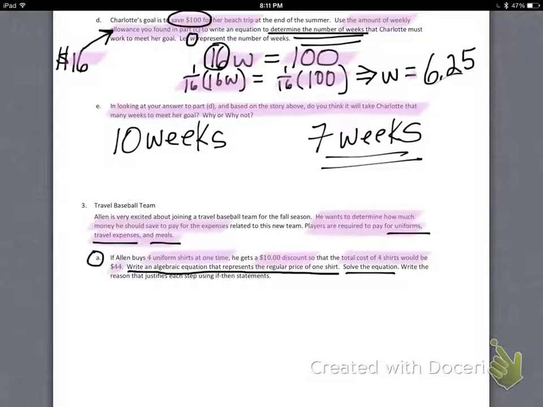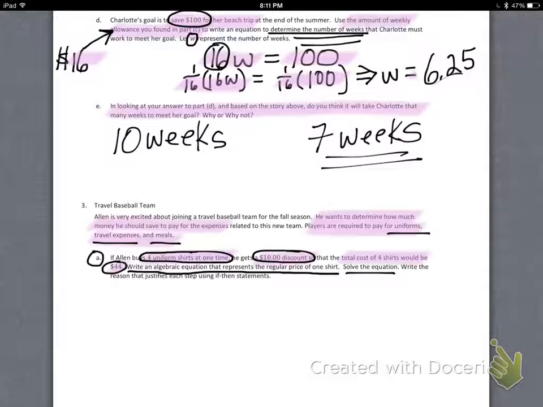So again, he's got these 4 uniform shirts, buying them at one time. You get a $10 discount. Wait, hold on. I guess the $10 discount is a one-time discount, not per shirt. So the total cost is going to be $44.